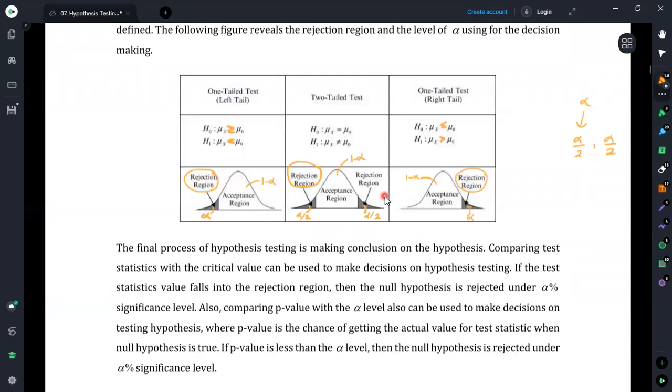If you are having a two tail test, we divide this alpha into two equal parts to find out the rejection region. But if it is left tail, the most left side of the distribution would be the rejection region having the value alpha. If it is a right tail test, the most right side should be considered as the rejection region, which is named as alpha.